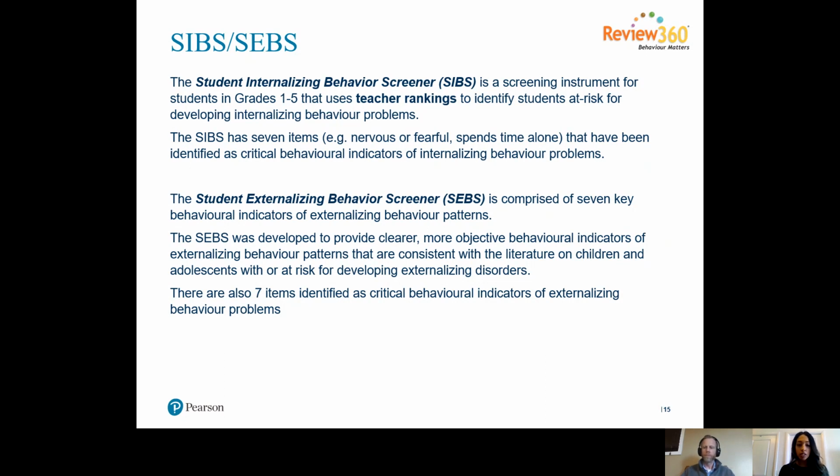And then for the externalized items, we've got fights or argues with peers, bullies others, gets angry easily, lies to get out of trouble. So your selection of items will be different, but they are very specific. And so I think you are seeing different areas that can come up with your student.